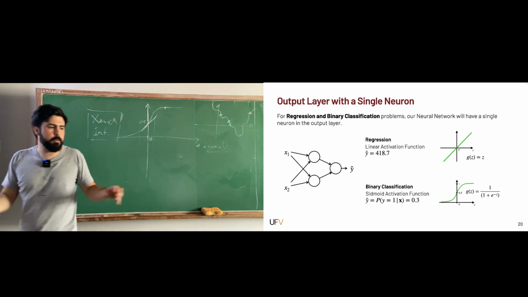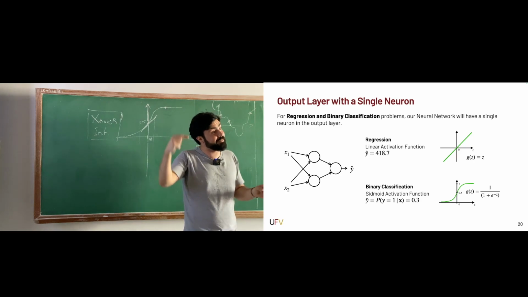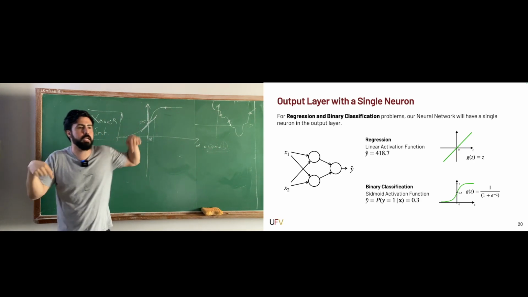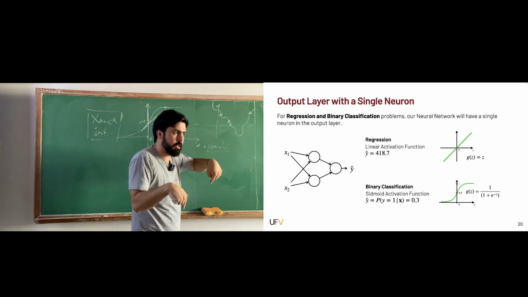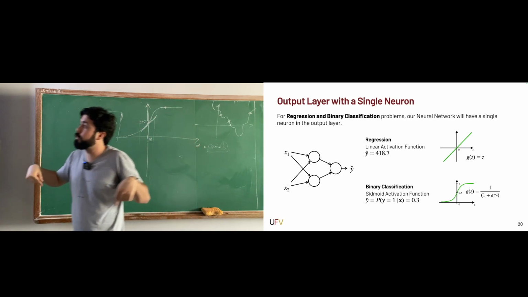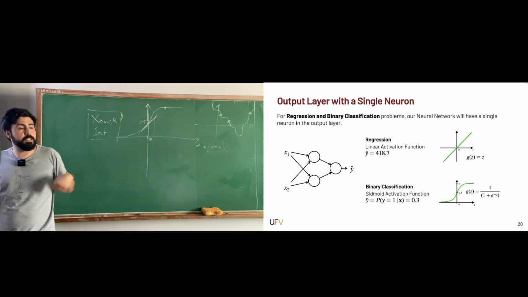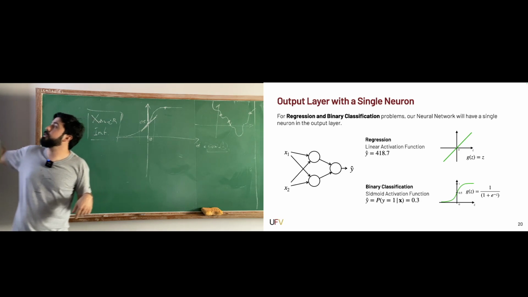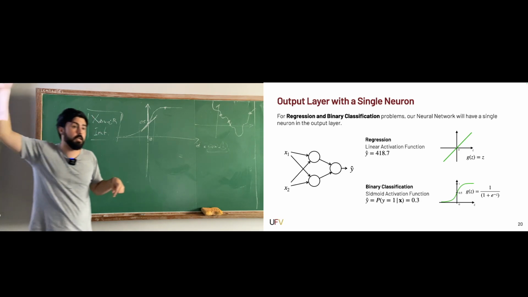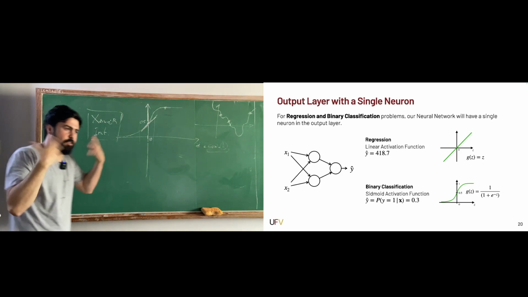The problem also defines the activation function at the output layer. In your hidden layers, you can pick any nonlinear activation function you want, and the most common one these days is the ReLU function. But at the output layer, the choice depends on the problem. If you're doing regression, you normally want just the identity function. You get the number that is the output of the layer, and that's your prediction.